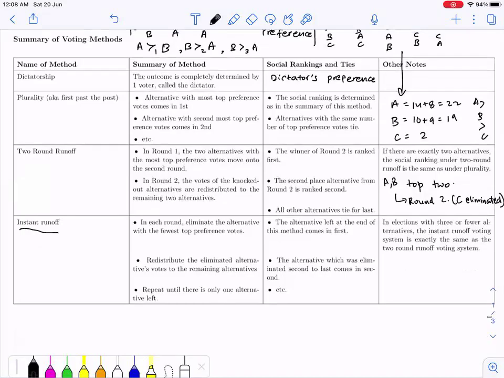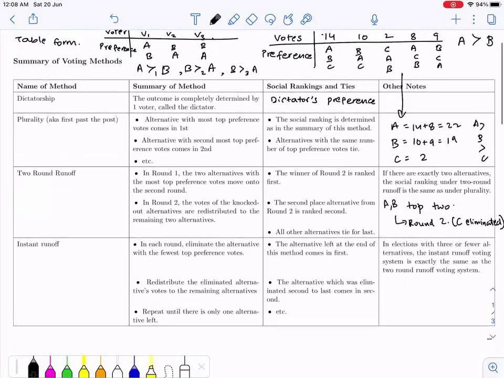Then you have something called instant runoff, where you have plurality in rounds. So you would do round one and do a usual plurality vote, then eliminate the alternative that came in last. After that, you redistribute the votes among the remaining alternatives, and then you apply plurality again.